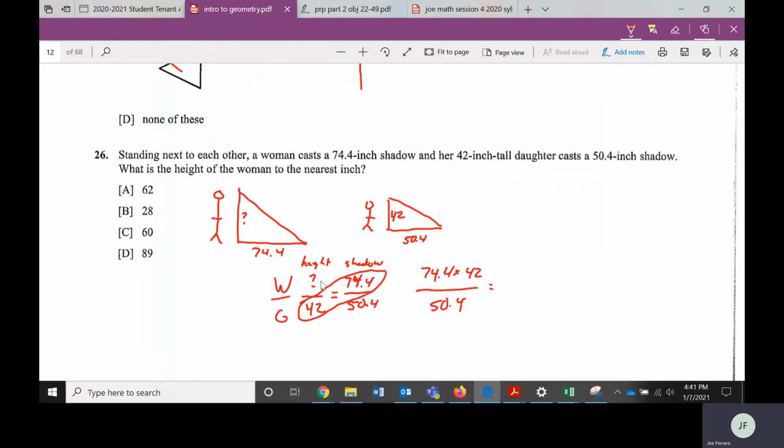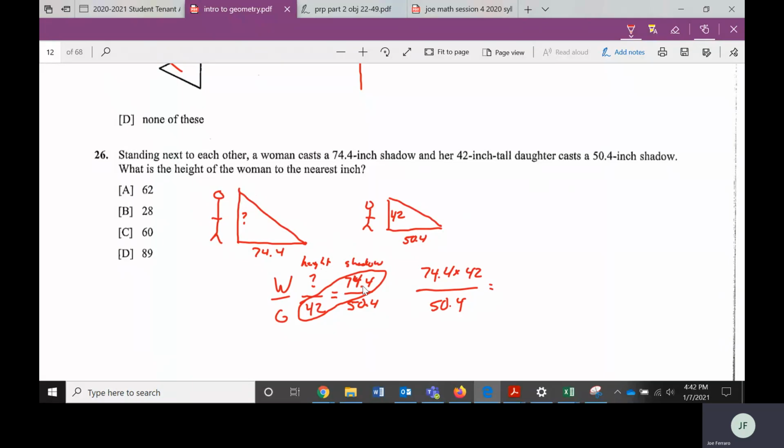Okay, let me grab my calculator here. I'm sorry, the calculator wasn't working.